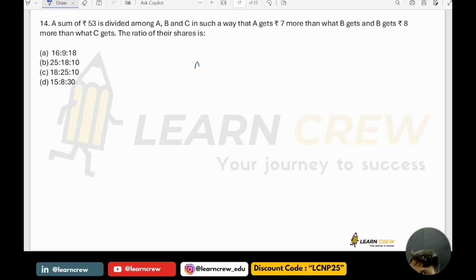So A plus B plus C is 53. If C's share is x, B's share is x plus 8, and A gets 7 rupees more than B, which is x plus 15.